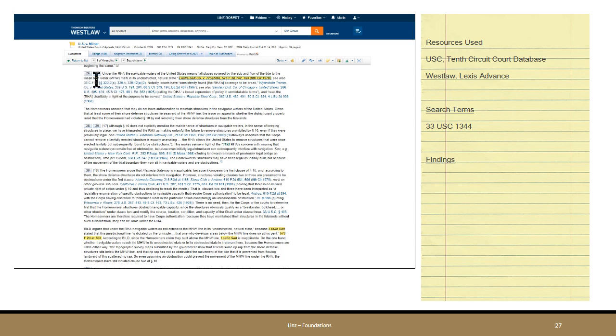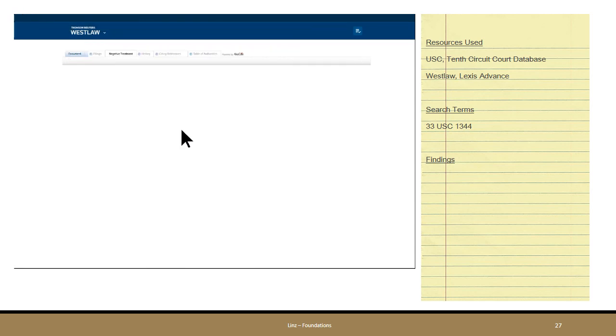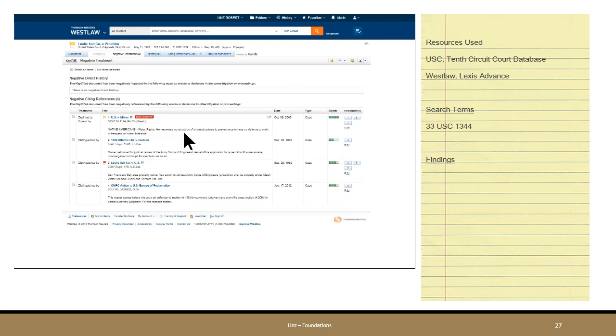These are the headnotes within the Milner case where our point of law is discussed, and then what the discussion is. And we even see the quotes, all places covered by the ebb and flow, etc., etc. So now that is one way to use the cited report. We found a case that questions our case. We could, if we wanted to, click specifically on the headnotes to find those headnotes that are relevant from this listing of cases.